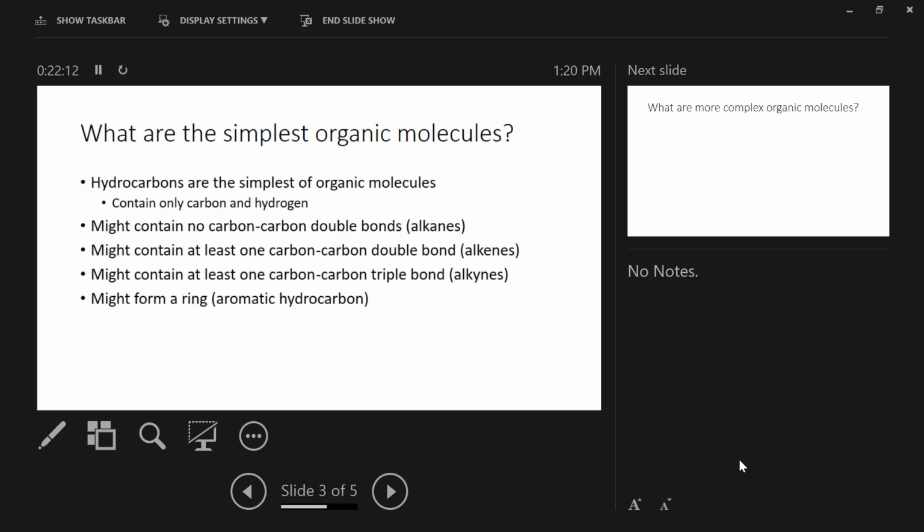So the smallest ring that you're going to find contains 3 carbons. So here is a wonderful example of an aromatic hydrocarbon. Do you see the ring? And the ring doesn't have to be a circle, it just means that they're all basically attached in sequence.